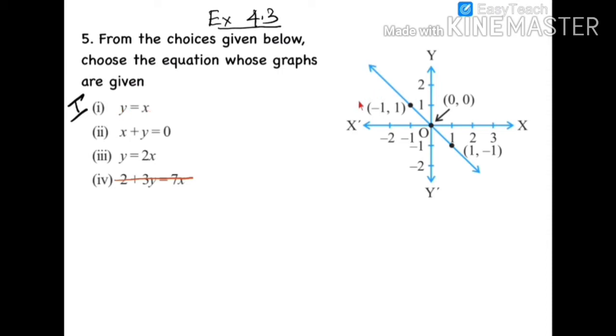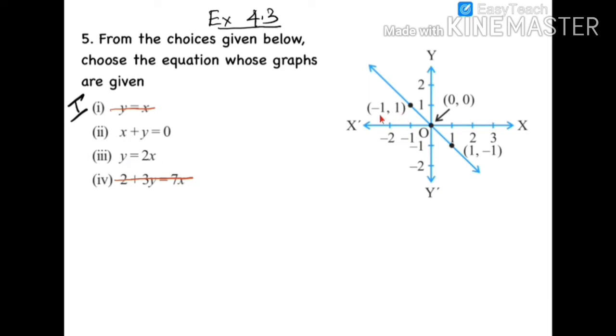So if I take the first point, that is minus 1, 1, the x coordinate is minus 1, y coordinate is 1. So y equal to x will be wrong because minus 1 is not equal to 1. So even this equation does not fit. Let's look at the third one, y equal to 2x.